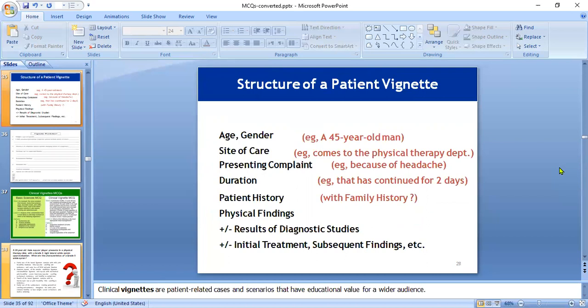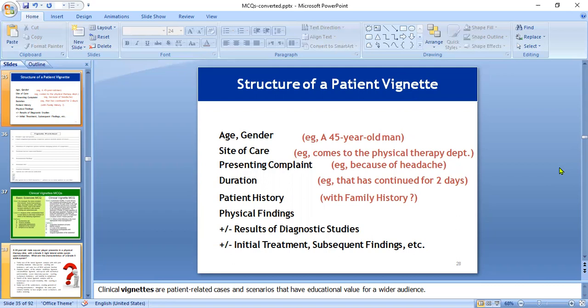So when you start, there should be the age and gender of the patient. Then the site of care: he was present at the emergency department, at the physical therapy department, at the surgical department, and so on. You have to identify where he is being treated, where he is being checked.